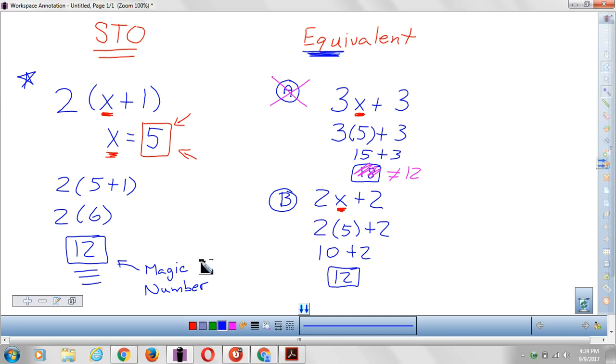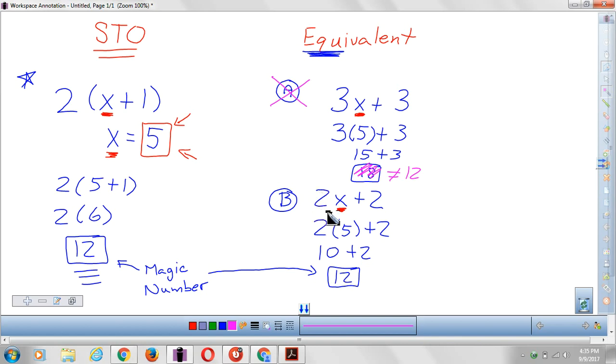Now, of course, there are algebra ways of solving this, right? There are algebra ways of solving this, and that's fine. But for today, we're focusing on a calculator strategy. This is a strategy that any student can use if they're in a bind or if they're stuck on their algebra, and they need some way to check equivalency. They can put in a magic number. They can put in a number 5, and out will come a magic number 12 and a magic number 12.